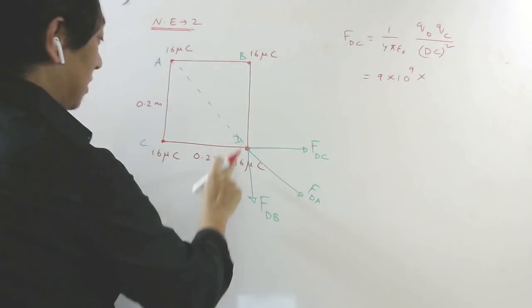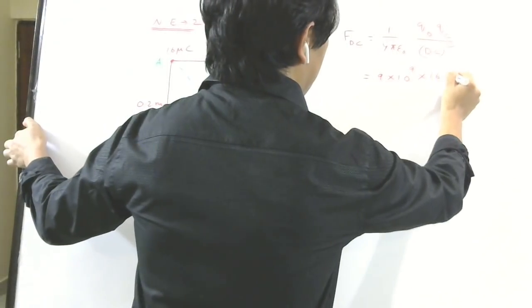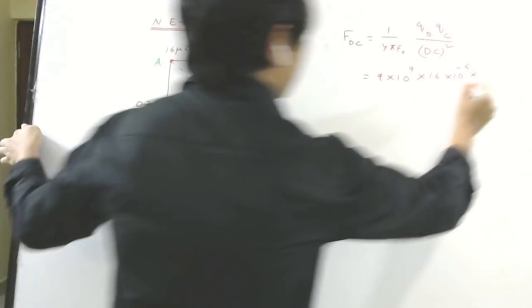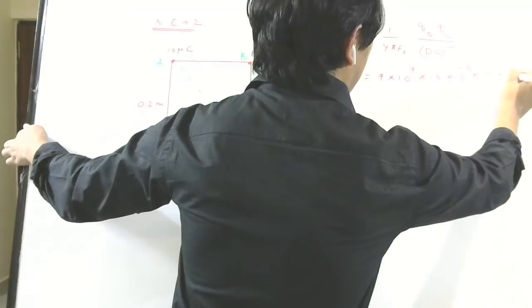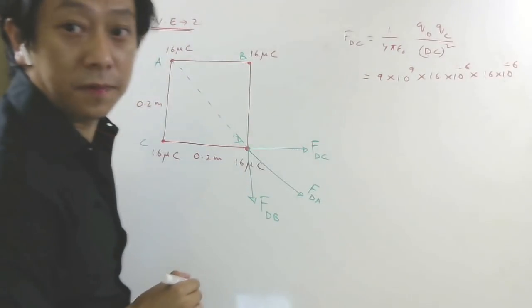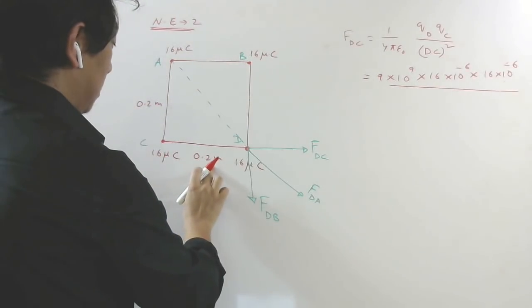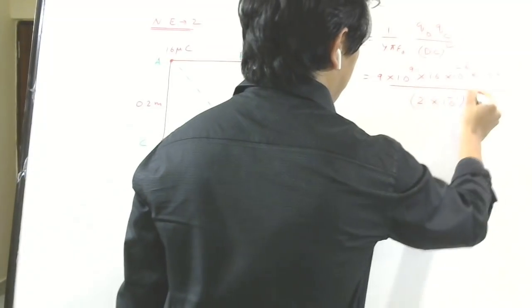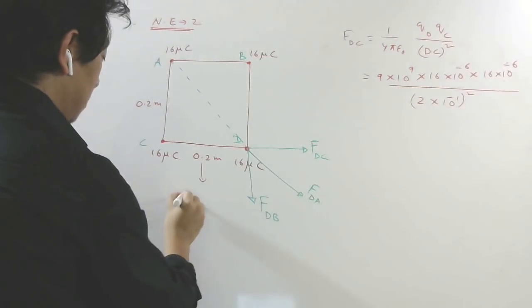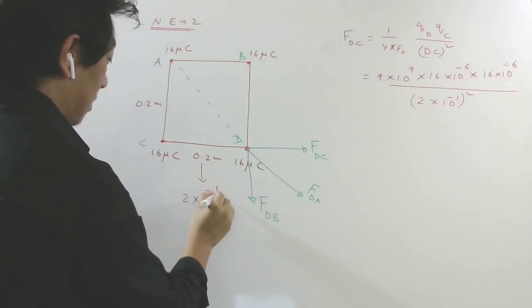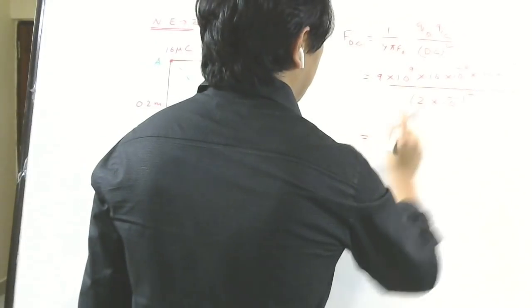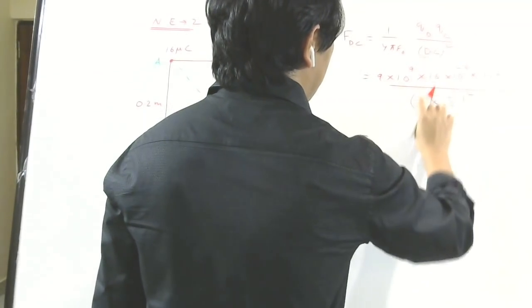Charge at D is 16 microcoulomb, so 16 into 10 power minus 6, into charge at C, also 16 microcoulomb, 10 to the power minus 6, divided by the distance between D and C, 0.2 meter. I can write 0.2 meter as 2 into 10 power minus 1. Then you have to do the whole square. So 2 squared will be 4.